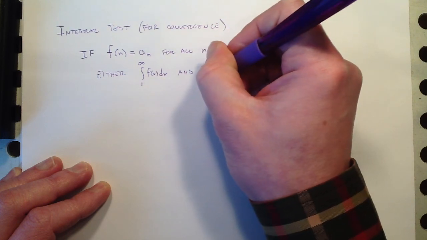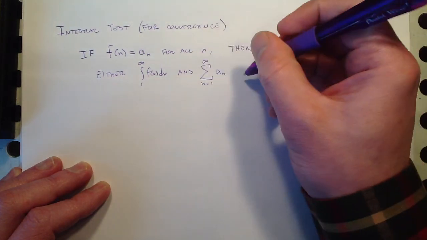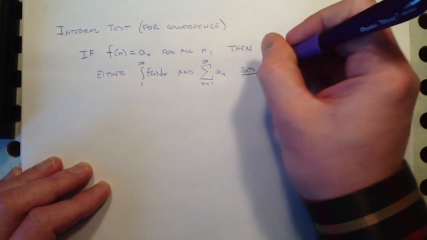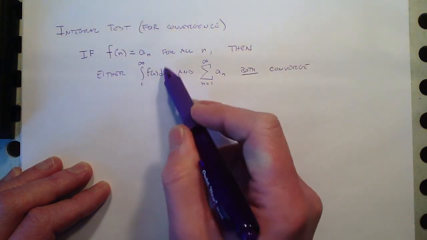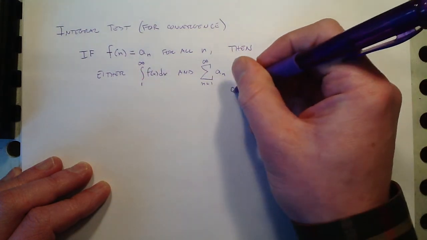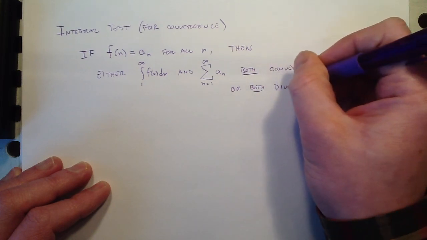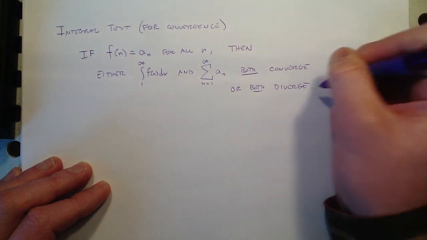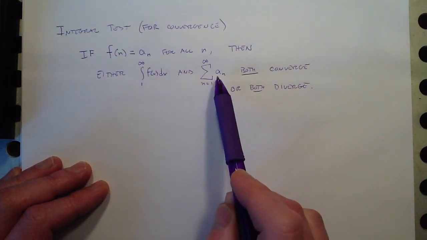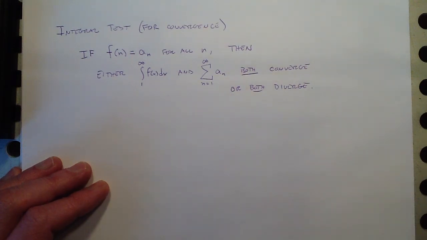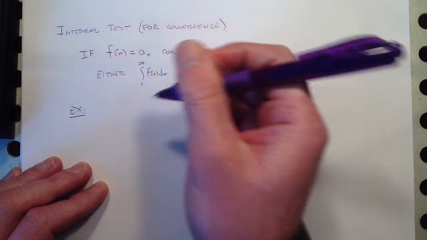And your sum either they both converge, and remember, when one of these things exists, that means it converges, or they both diverge. So in other words, by evaluating an improper integral, you can determine whether one of these things converges or diverges.